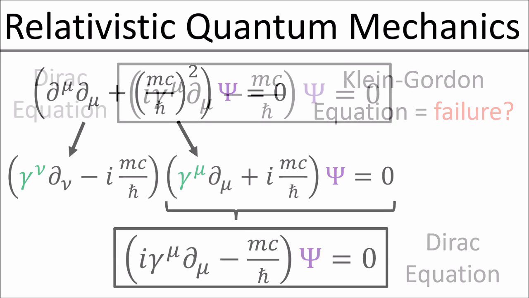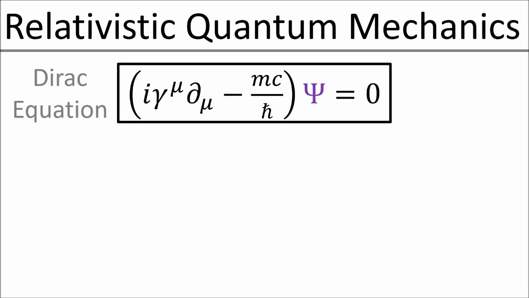Since the gamma matrices in this equation are 4x4 matrices, the psi wave function object is actually a 4-component object called a Dirac spinor. The 4 components keep track of the spin-up and spin-down states for both positive and negative energy solutions for a spin 1/2 particle.